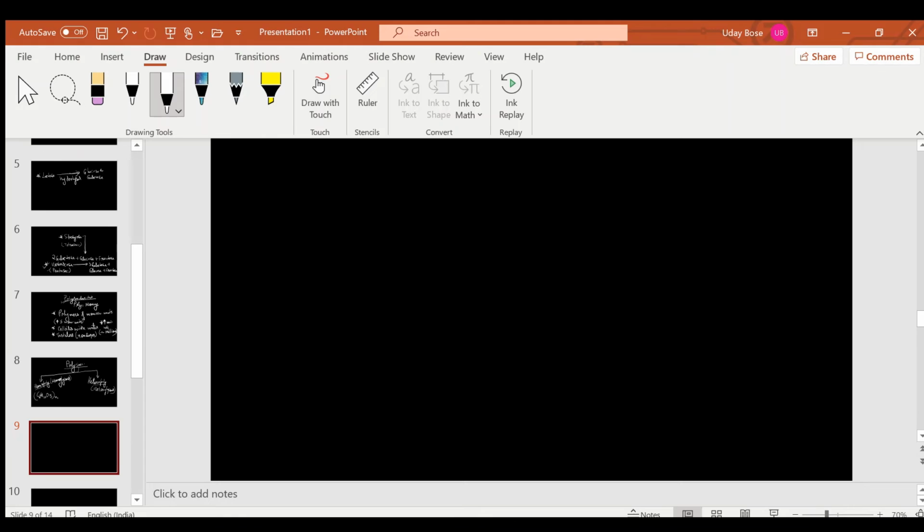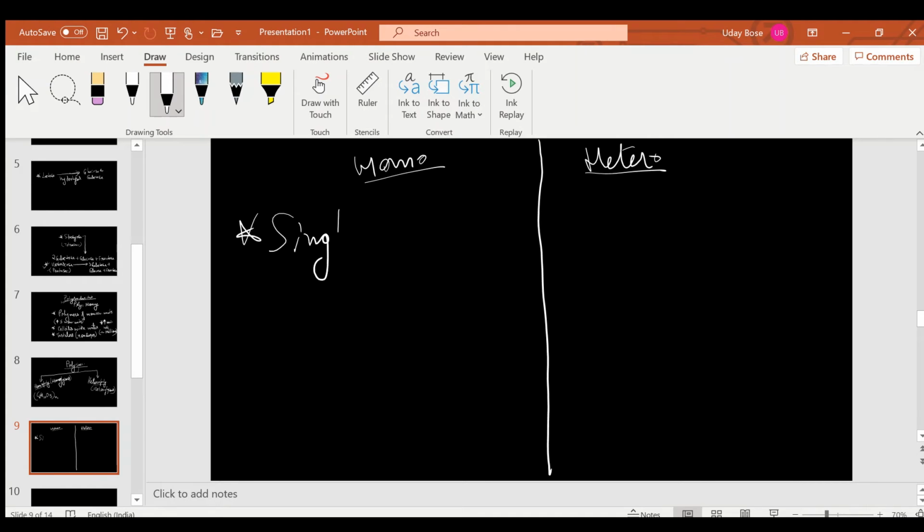Some more points regarding homopolysaccharide and heteropolysaccharide. In homopolysaccharide, the monosaccharide units are of a single type. Maybe all the monosaccharide units are glucose, all are fructose, and so on.